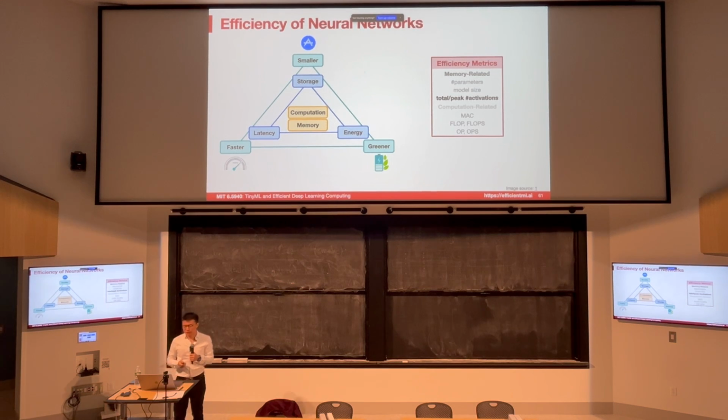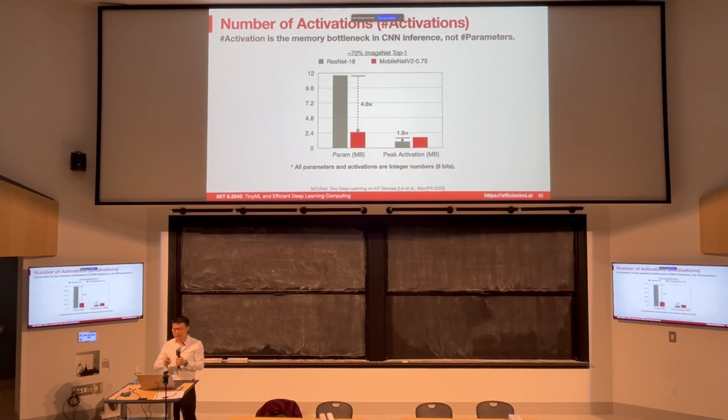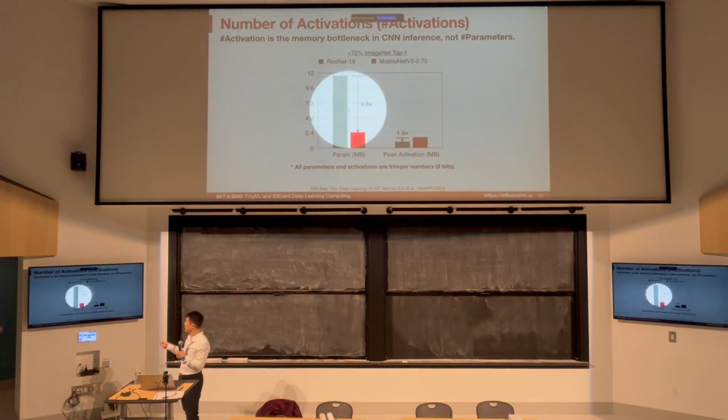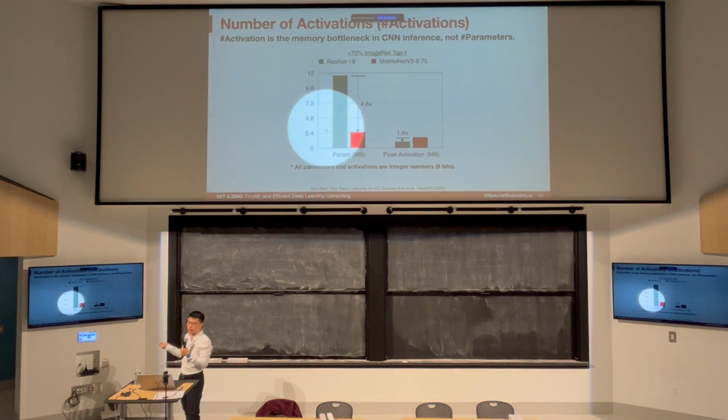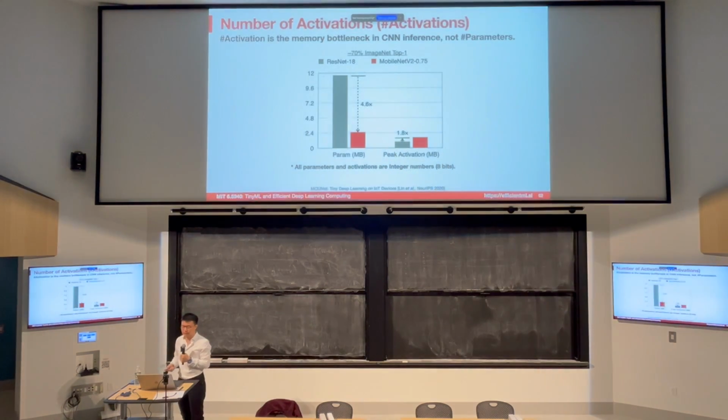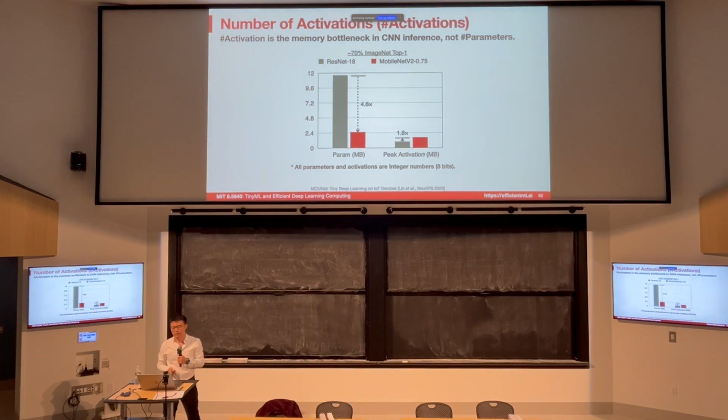Okay, so now let's switch gears to talk about the total and the peak number of activations. So activation is the bottleneck for inference, not the parameters. For example, here from ResNet to MobileNet, the number of parameters is reduced a lot, by more than 4 times. But the peak activation didn't decrease, but increased. So how to reduce the activation is very crucial.